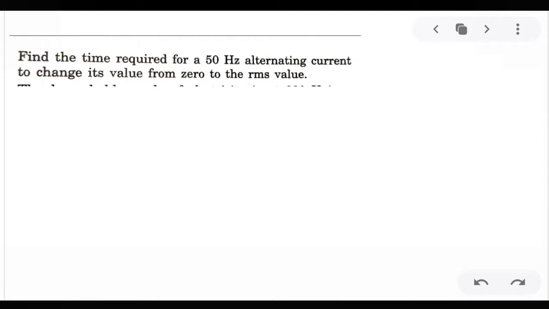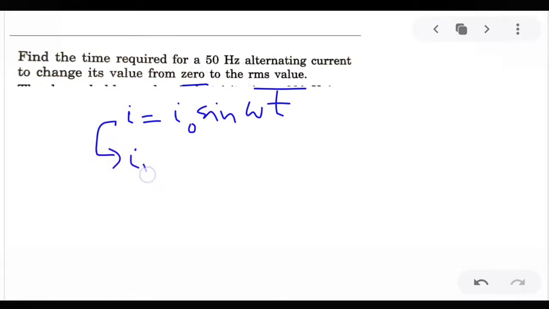Okay. So the instantaneous value of current is given by I is equal to I naught sine omega t. Now the current changes from 0 to RMS value. So this I becomes IRMS. But what is IRMS?